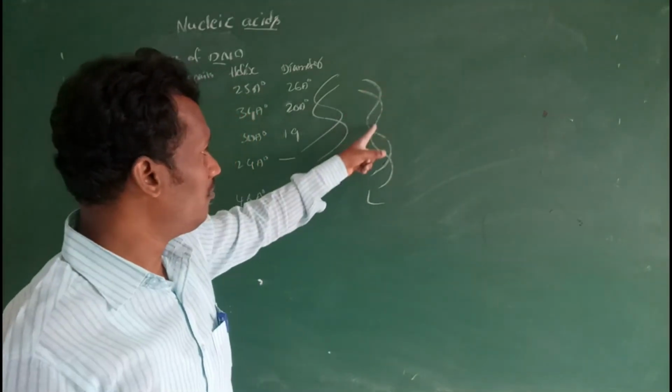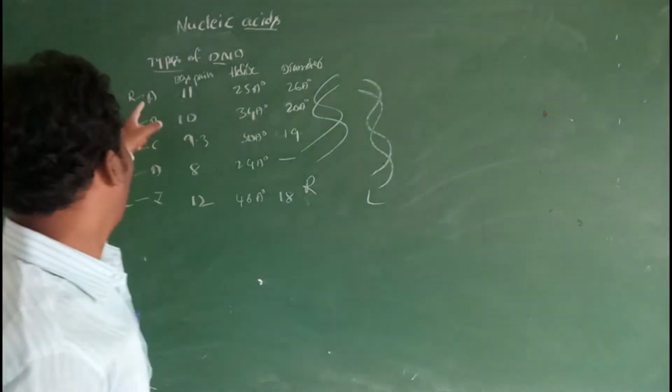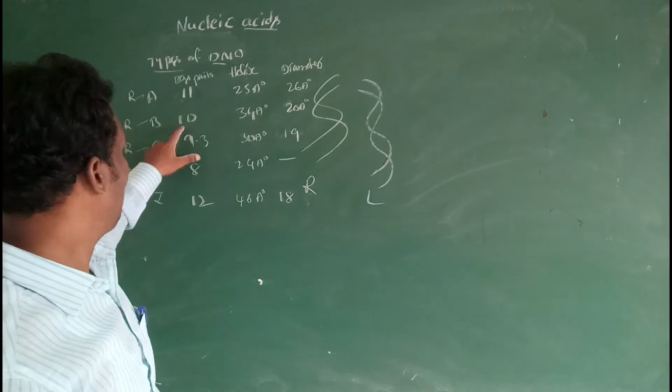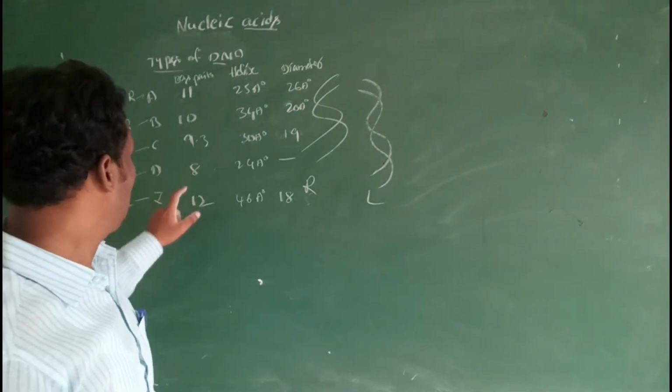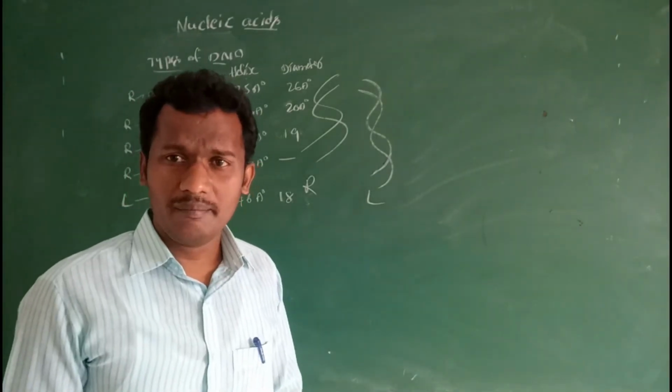Each turn may contain base pairs. A DNA contains approximately 11 base pairs, B DNA 10 base pairs, C DNA 9.3 base pairs, D DNA 8 base pairs, then Z DNA 12 base pairs are present.